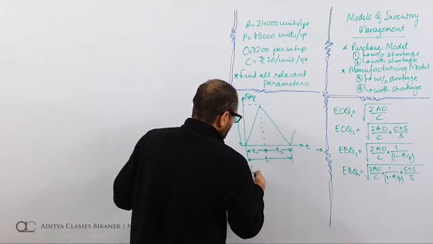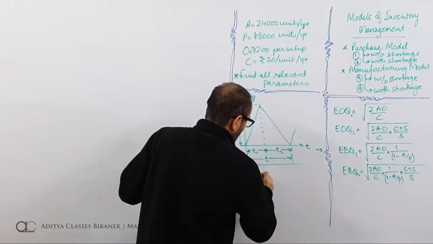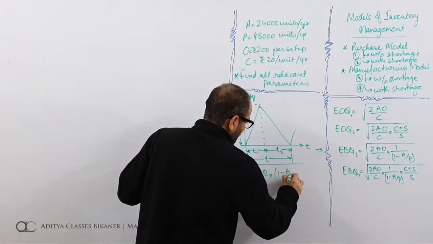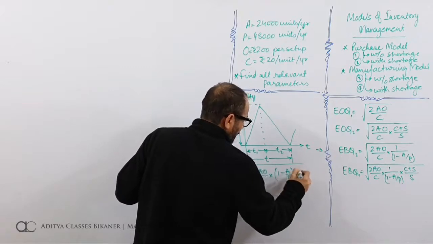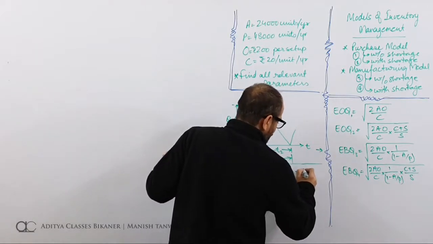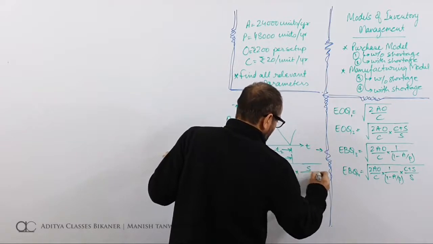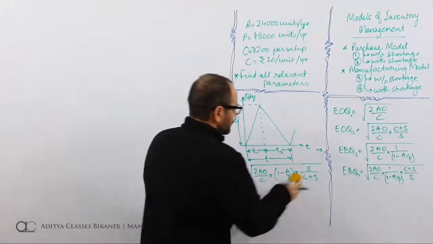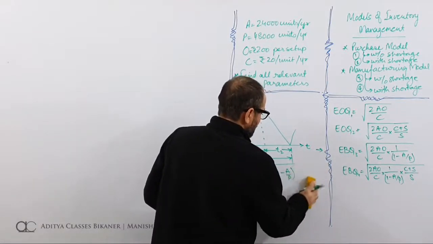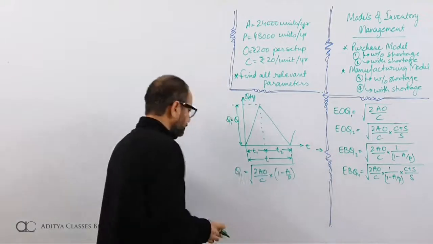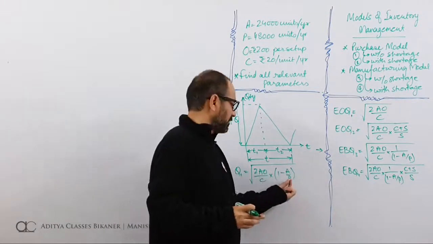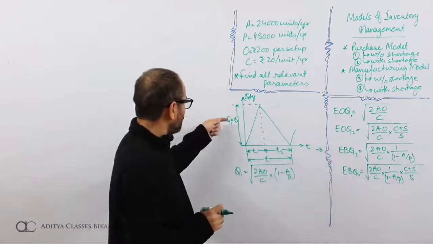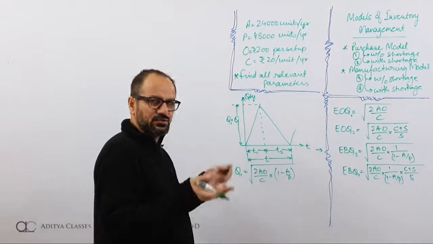The formula for Q1 is 2AO upon C, multiplied by 1 upon 1 minus A by P. Sorry, this is not a shortage model, so there is no shortage factor. This will be our formula: manufacturing without shortage. And because it is manufacturing, we have a production rate also. So we have EBQ, we have Q1, and incidentally Q will be equal to Q1, there is no Q2.